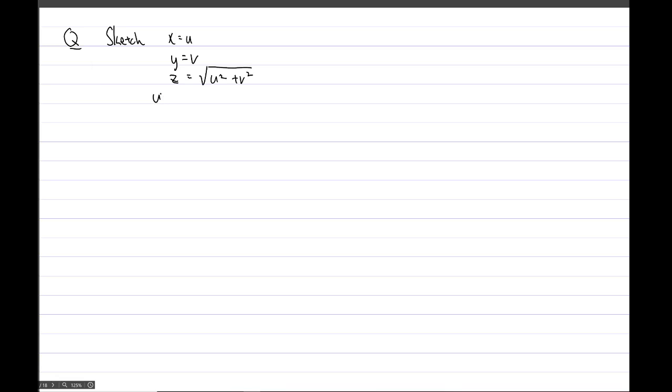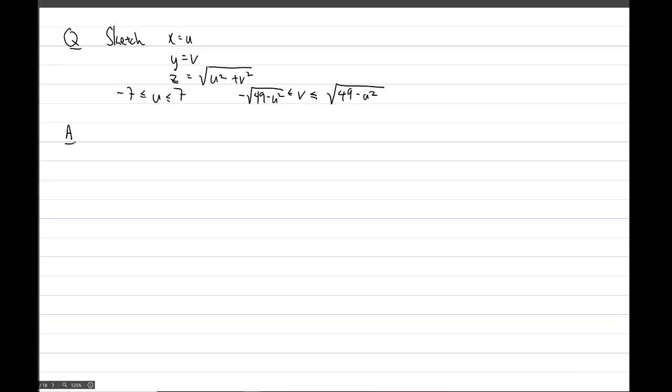Here's some changes. u will go between two constants, -7 and 7, but v will be bound to be between negative root 49 minus u squared all the way up to positive root 49 minus u squared.